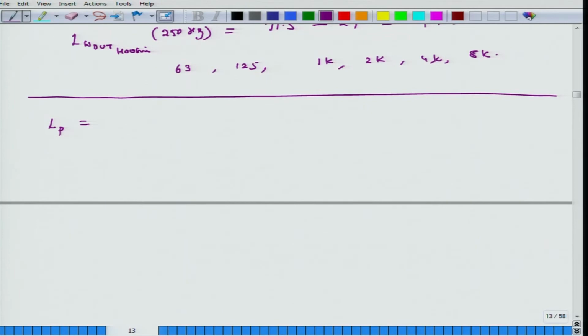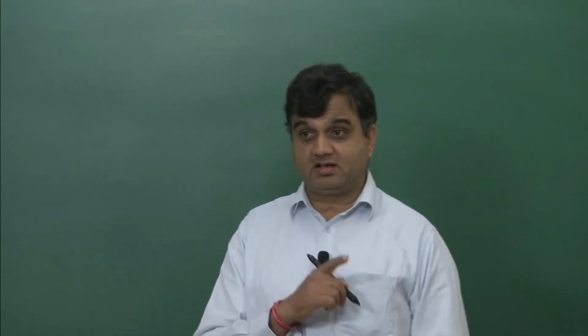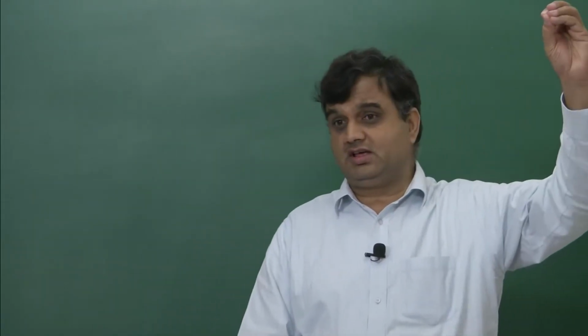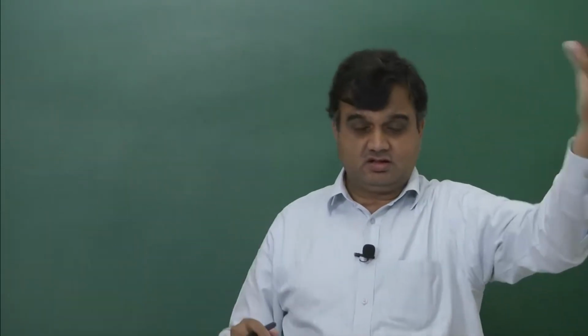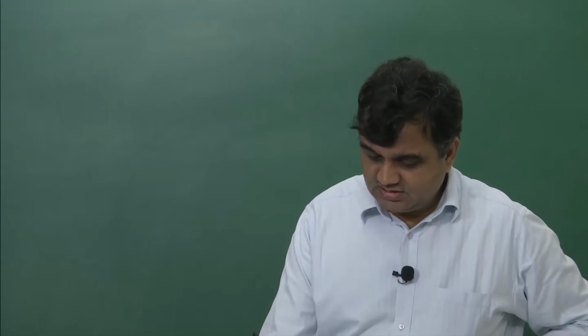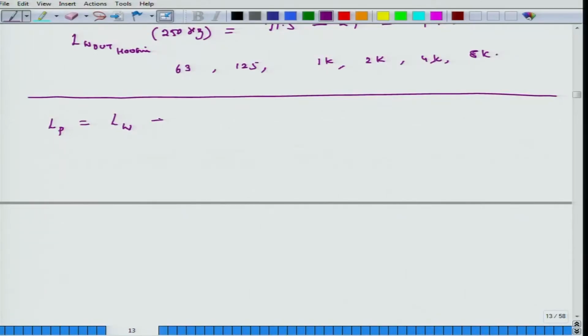We have developed a relation 2 weeks back, that if there is a sound source in the air and you are at a far away distance outside, then it is LW plus directivity index minus 20 log of R minus 4.34 MR minus 10.9.